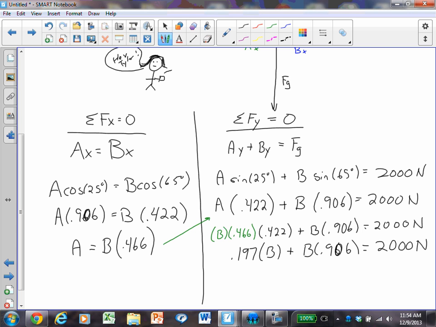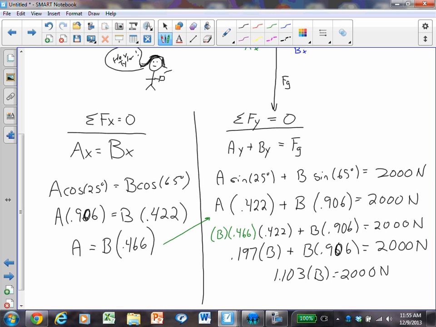Now what should I do? 1.103 times B equals 2,000.